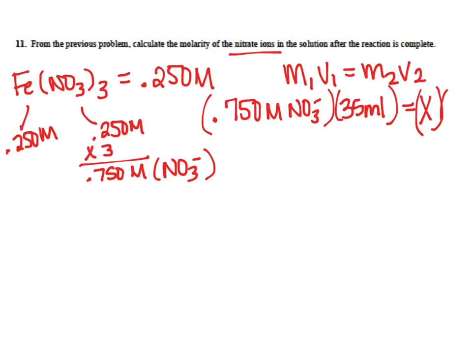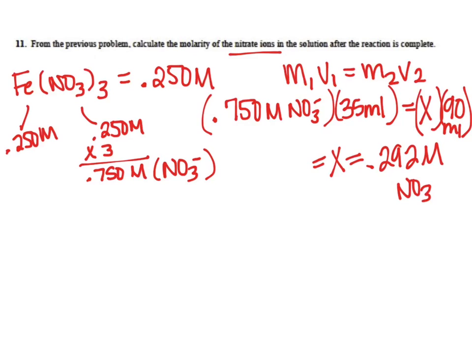So my final mils, 90 ml. So solve for my final concentration. 0.292 molar NO3 ions at the end. Why do we have to do 90? Because we diluted it, so we added more on top of that. Any questions on that?